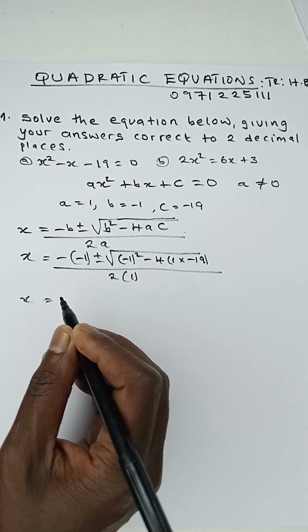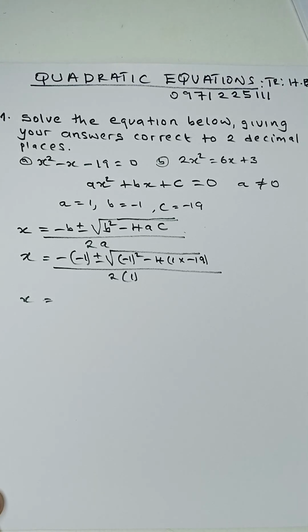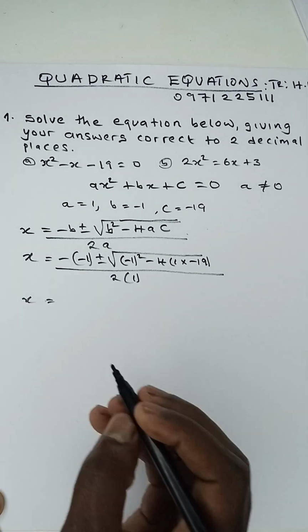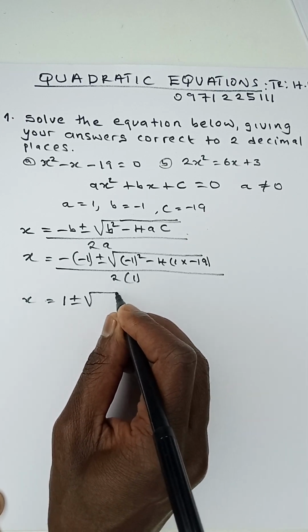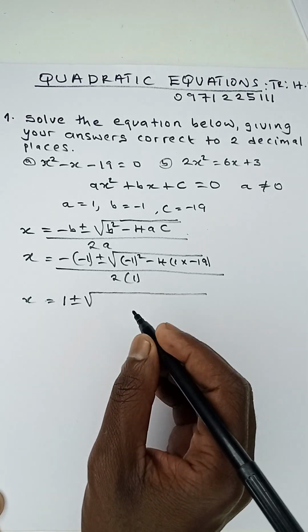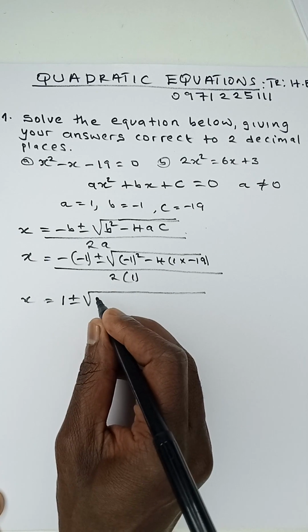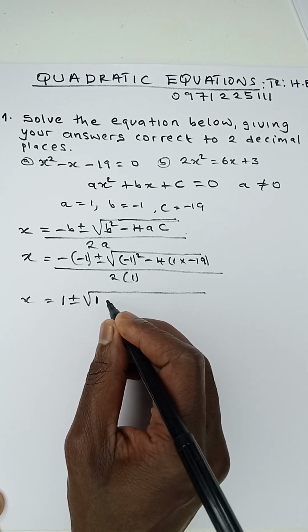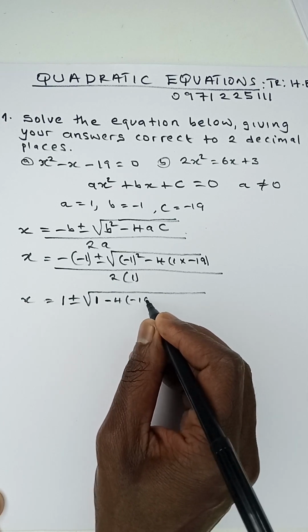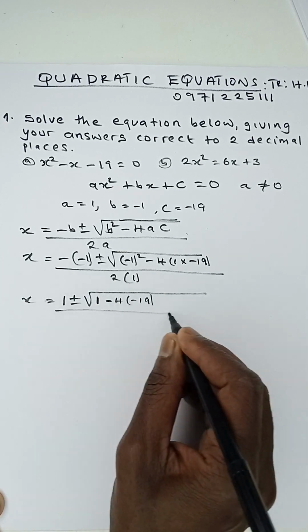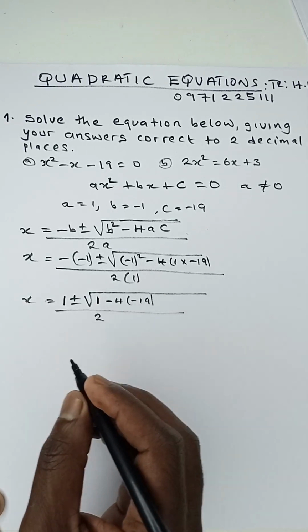So x is equal to negative times negative, we are getting 1, plus or minus the square root of -1 times -1, which gives us +1, then -4, 1 times -19 is -19, then over 2.